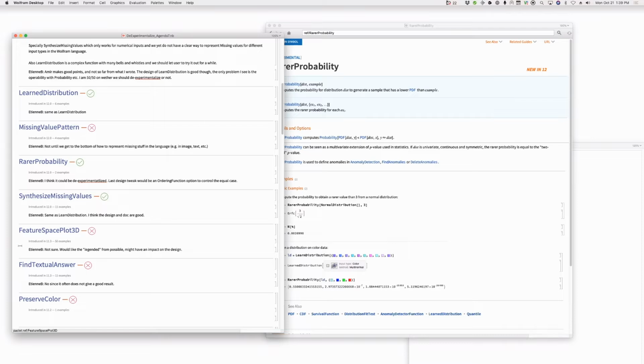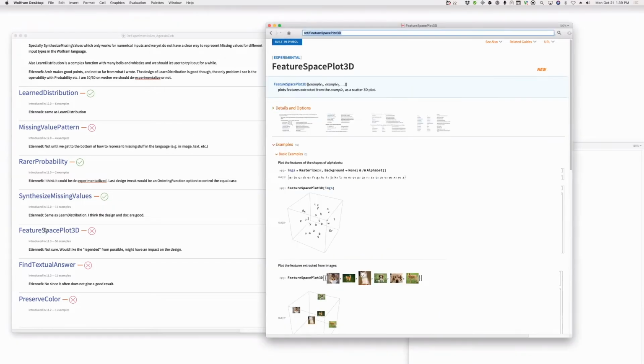Okay. Feature space plot 3D. I cannot believe that that is not de-experimentalizable. What is its issue? There is this legending thing. Can you do legending in general in 3D right now? It was this idea that if you have labeled data with only a few labels, then there would be something going on, and we haven't figured that out.